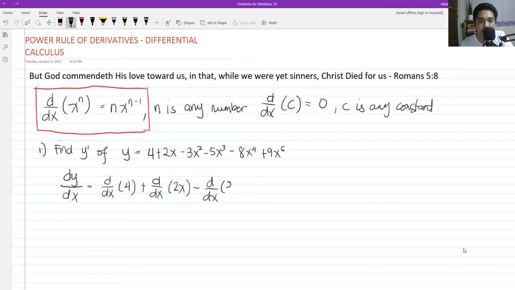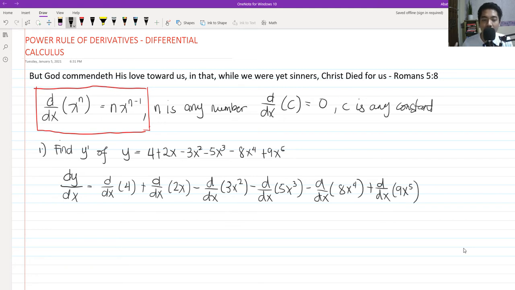So we have 3x squared here, minus the derivative of this 5x cubed, minus d all over dx of negative 8, or 8x raised to 4, because I have already written the sign here, plus d all over dx of 9x raised to 5.